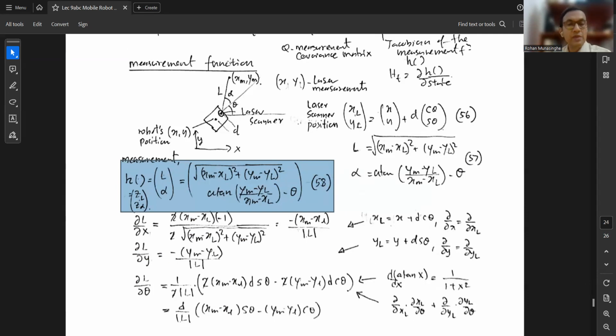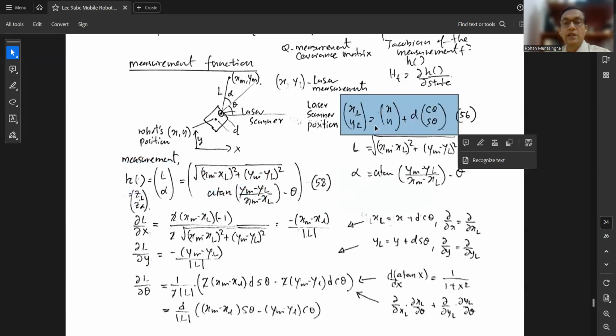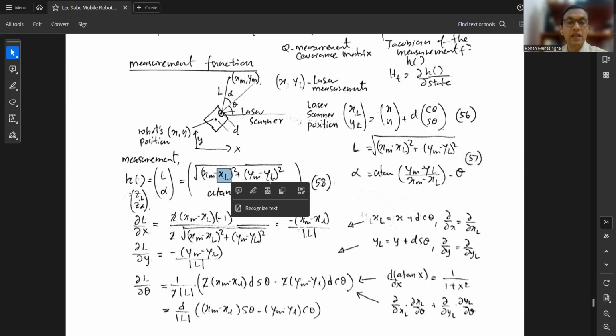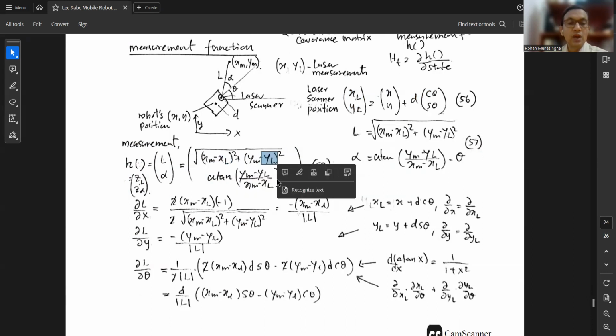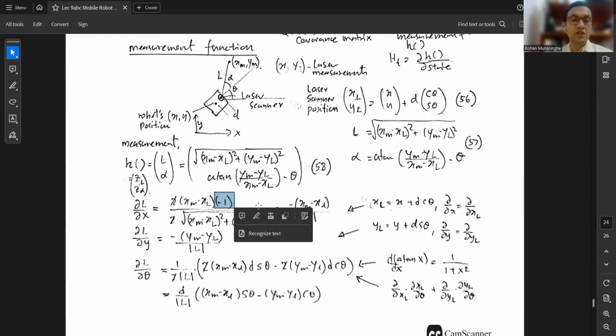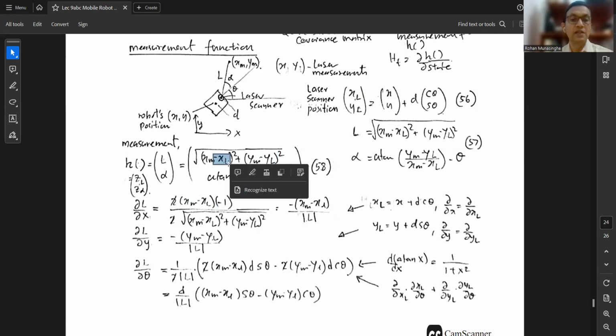The variables are XL, YL, and XL, YL depend on XY. This is how XY comes into the picture indirectly. Inside XL, there is x. Inside YL, there is y over here, right? XL and YL. So now when you differentiate with respect to x, you can do that this way. First, differentiate with respect to XL, and then use the chain rule, partial XL over partial x, which is 1. So that is why this 1 is over here. In fact, minus 1 because it is minus XL. Okay.